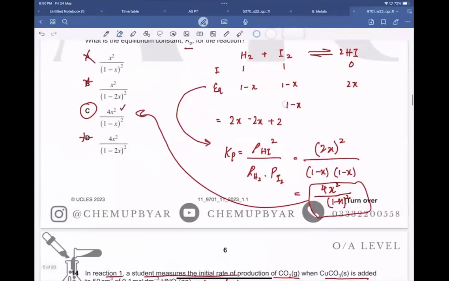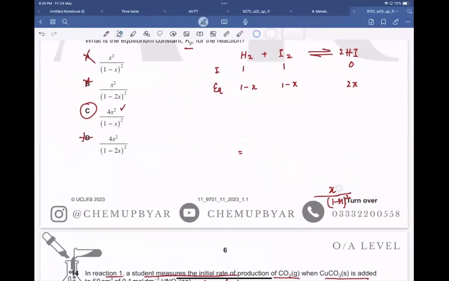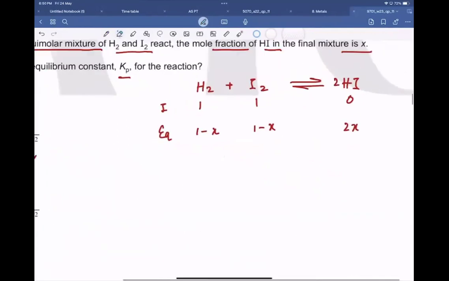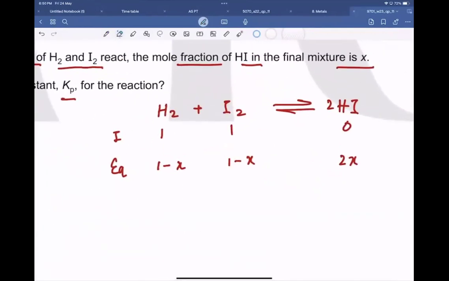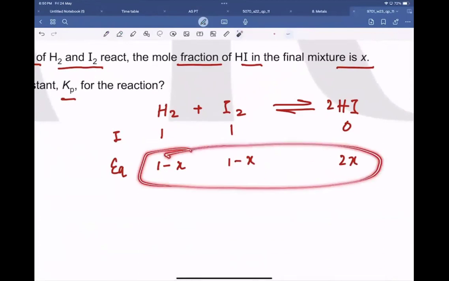I don't want to spend so much time on this, but let's have a look if you guys have done. See, what are these? Tell me what are these values? Yes. Can anyone tell me what are these values?